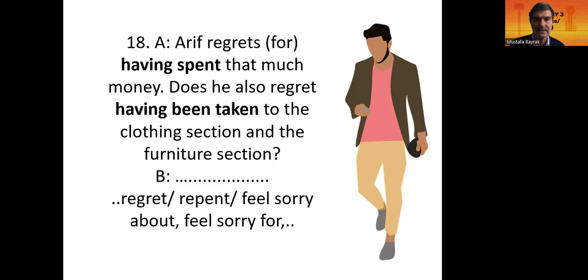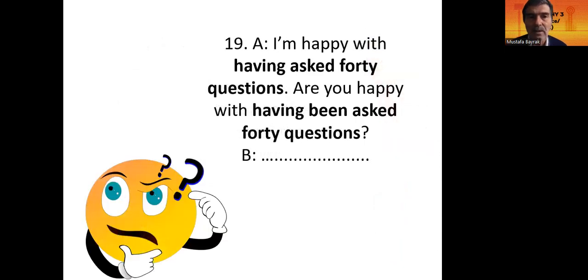Regret, yes, repent, feel sorry about, feel sorry for something. Feel sorry about something, feel sorry for something. Negative. That is done to you. Okay, passive again. 19A, I am happy with, yes, I am happy with.